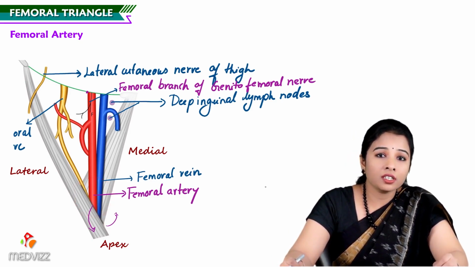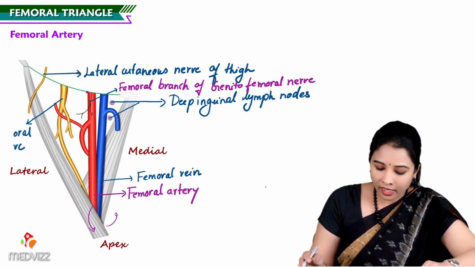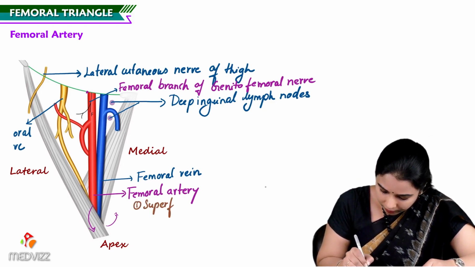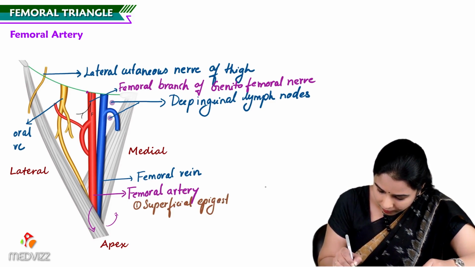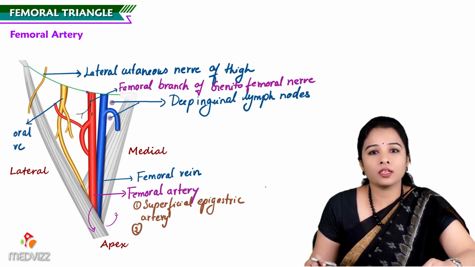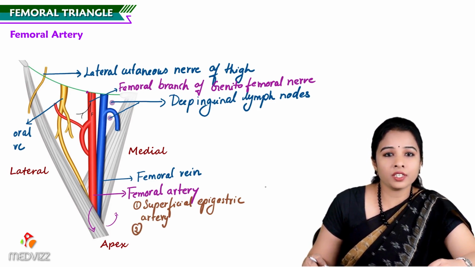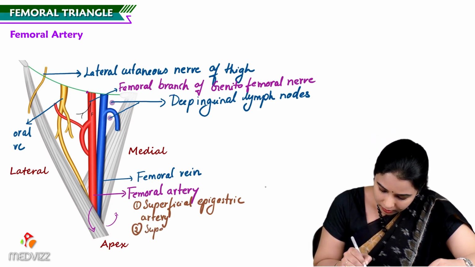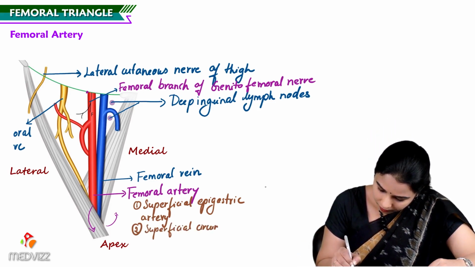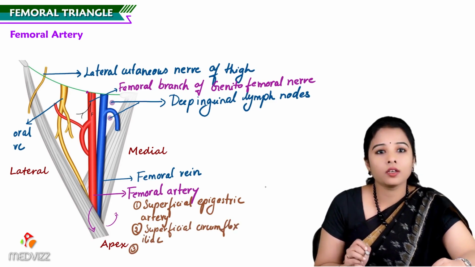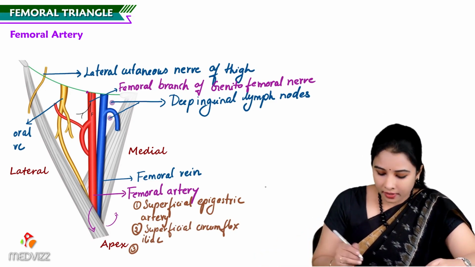Femoral artery gives three superficial branches. The branches of femoral artery are the superficial epigastric artery, and along with that there are other arteries called superficial circumflex iliac artery, then superficial external pudendal.